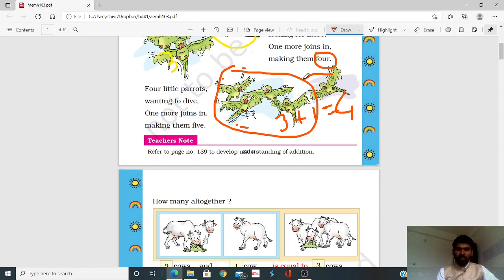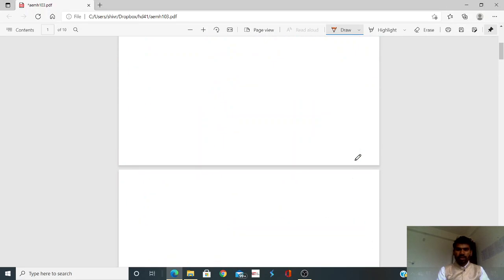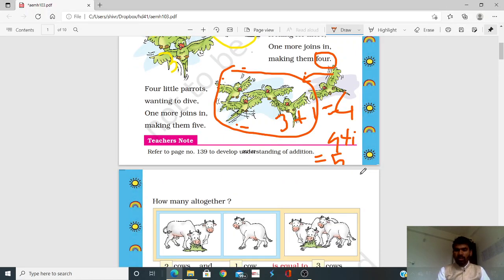One more joins in means 4 plus 1 is equal to how much? Is equal to 5. So this is the correct method where you can get an answer.